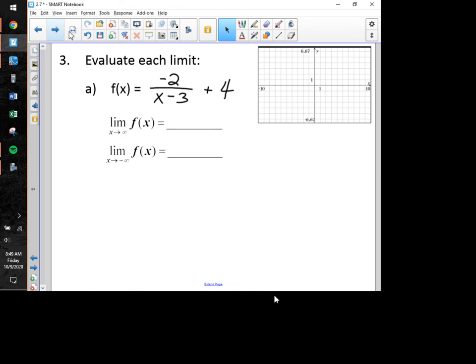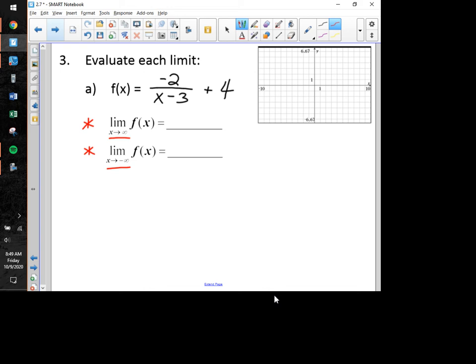So for most of our examples that we're going to be dealing with here today, guys, that's what's going on. I'm going to give you a function. Most of them are going to be rational, but not all of them. And we're just asking these two questions right here, everybody, which we've been asking all chapter. What is the limit of this function today, as x approaches both first infinity, right here, and then negative infinity.